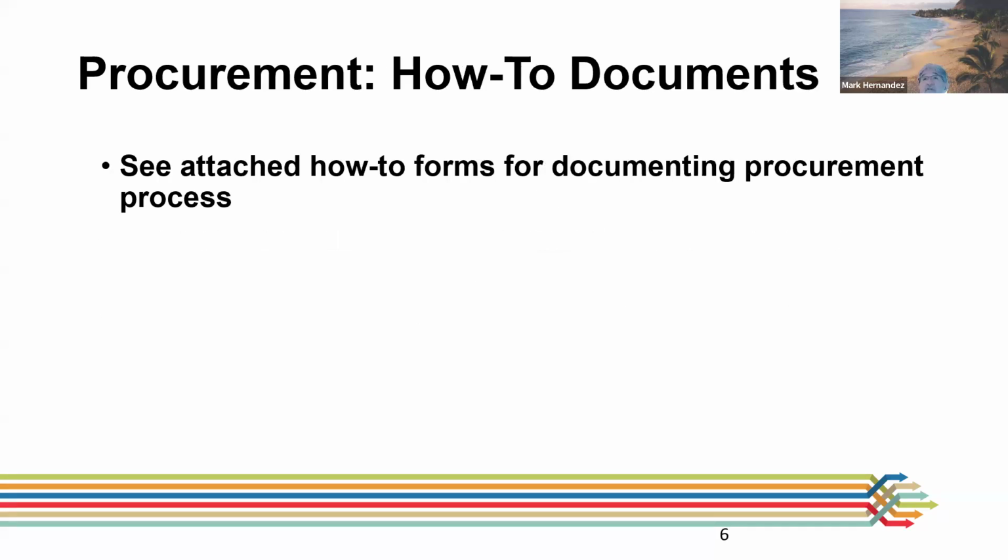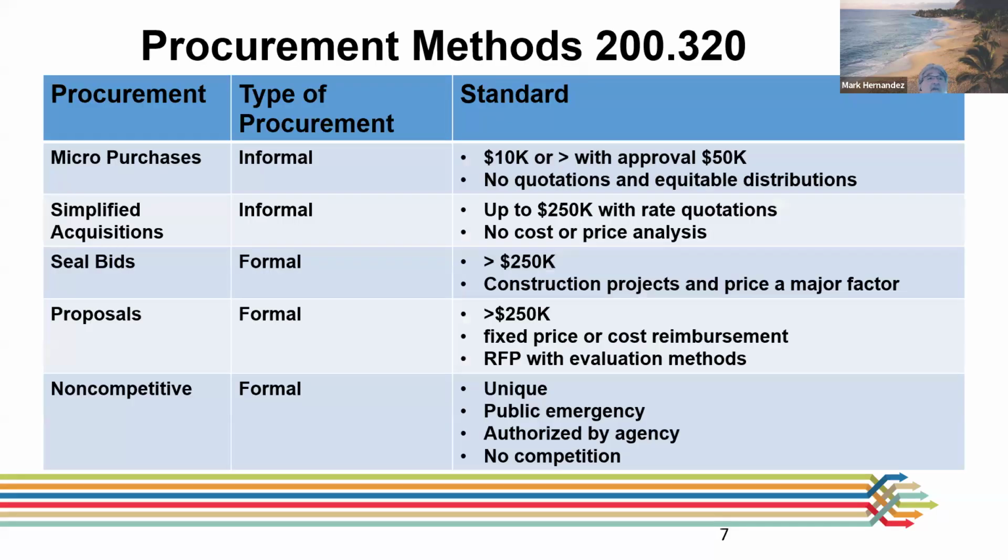Our procedures now go into our how-to documents. What we wanted to do is bring out the 2 how-to documents that you could be using. And over here, we have the how-to document. With the 2 CFR changes and some of their updates, there are 2 types of procurement: the informal type and the formal type.